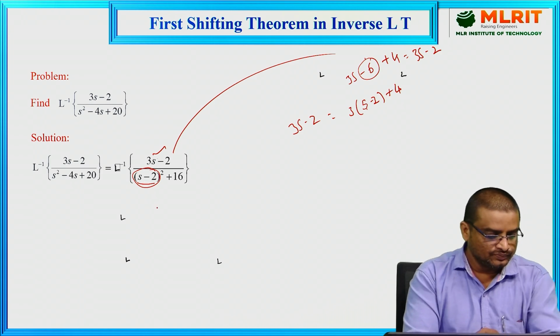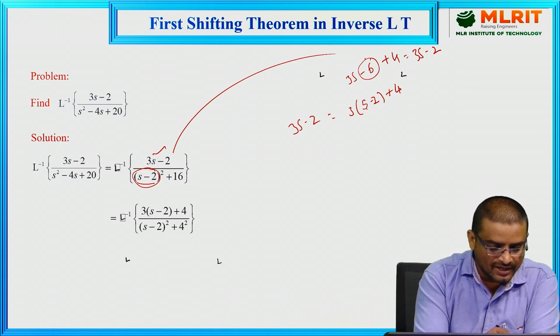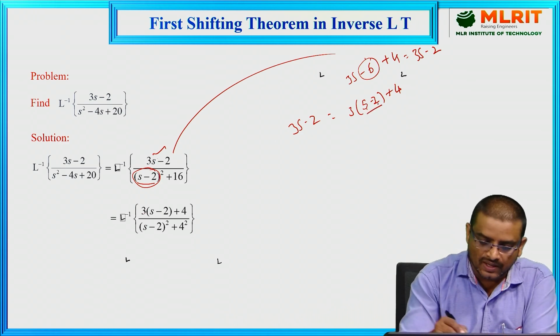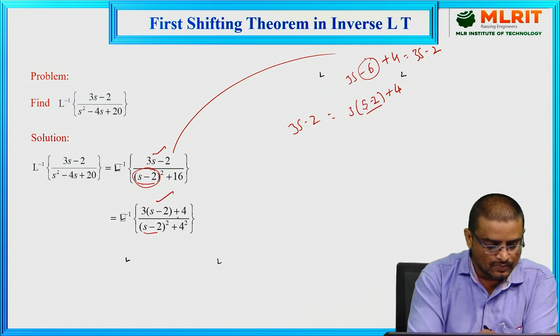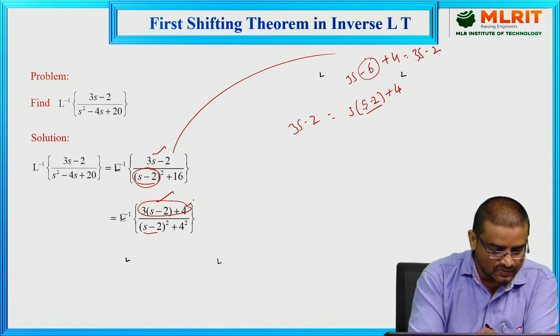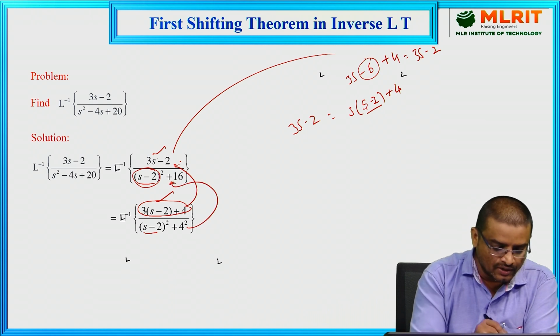So 3 into s, we have replaced s with s minus 2 because in the denominator we are having s minus 2. So 3 of (s minus 2) plus 4. If you simplify this, you will get the original numerator, and the denominator is as already obtained.